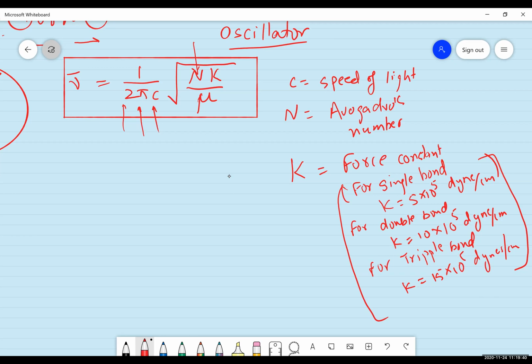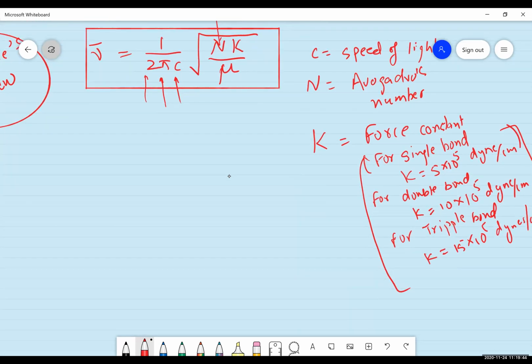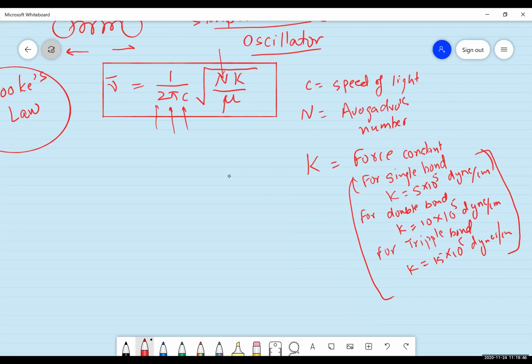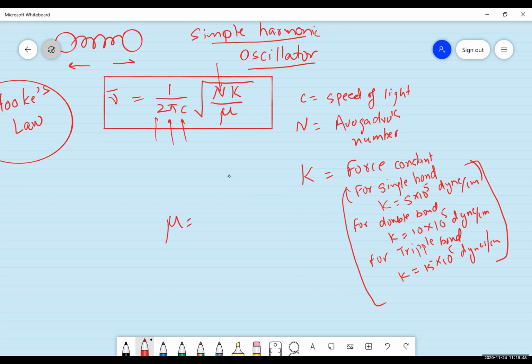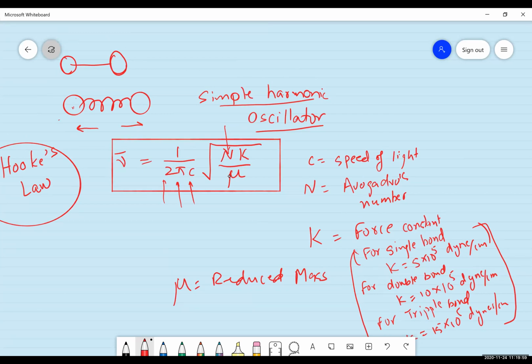Now mu, the last one is mu. What is mu? So mu is called reduced mass. So if the bond is connected to 2 atoms, let's call this atom number 1, it could be any atom, let's call this atom number 2.